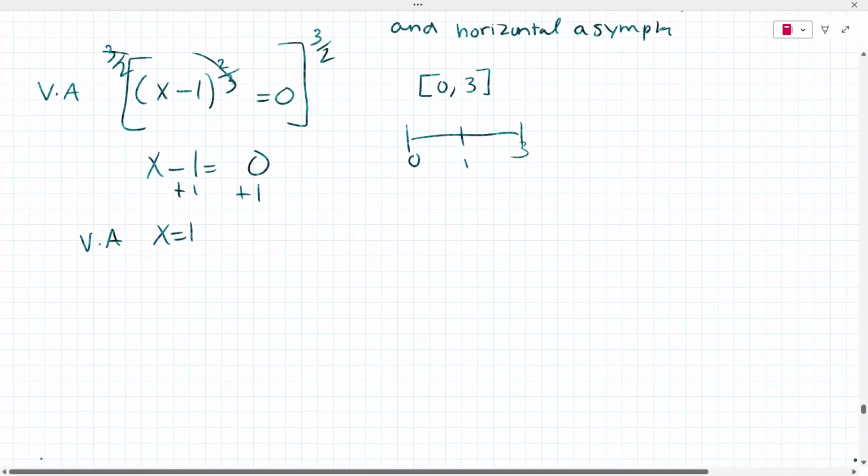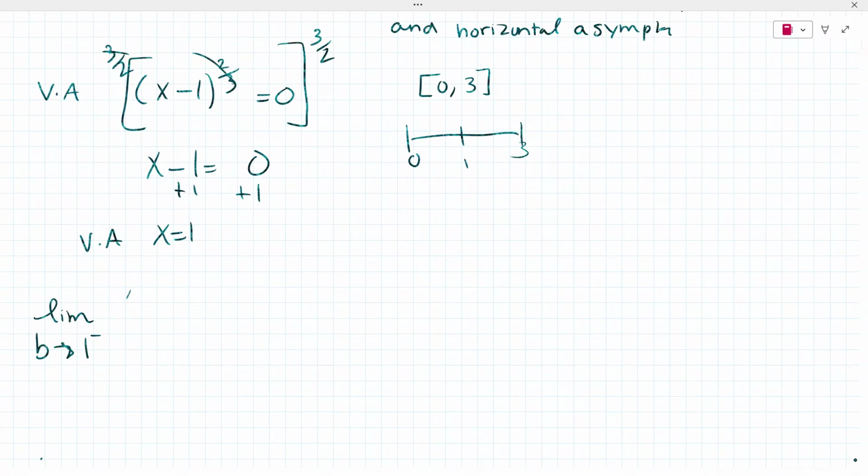We could say the limit as b approaches 1 from the left of the integral from 0 to b of (x minus 1) raised to the negative 2/3. Wait, what is the integral?